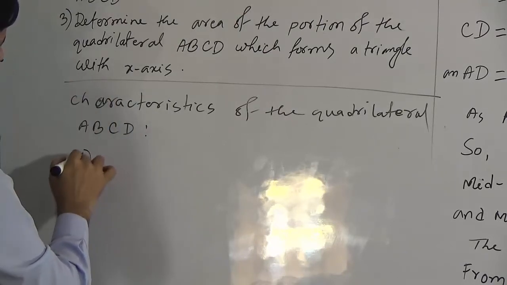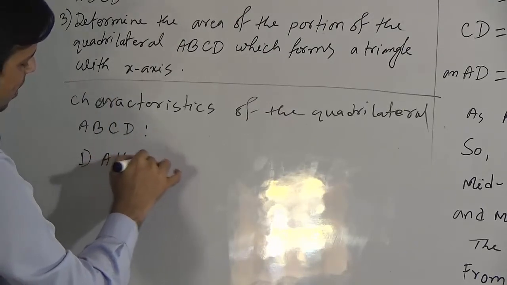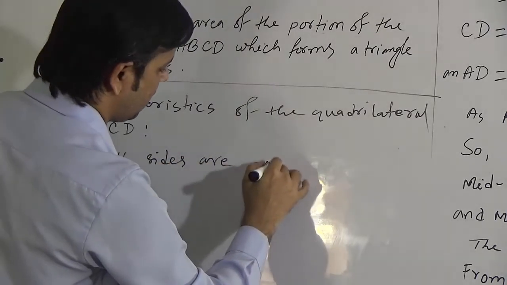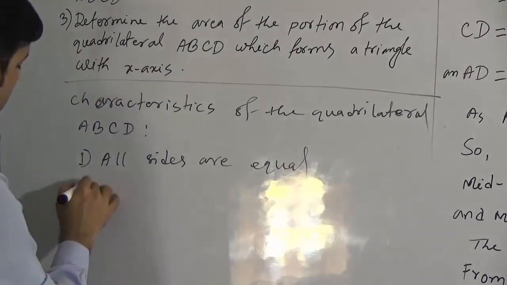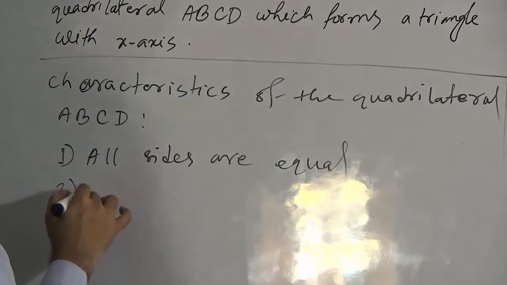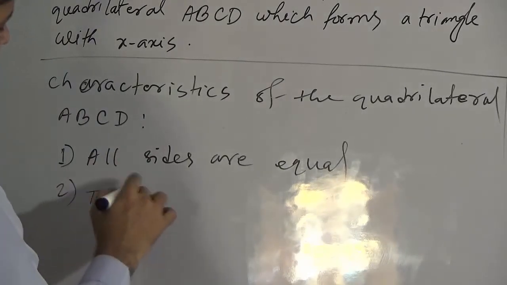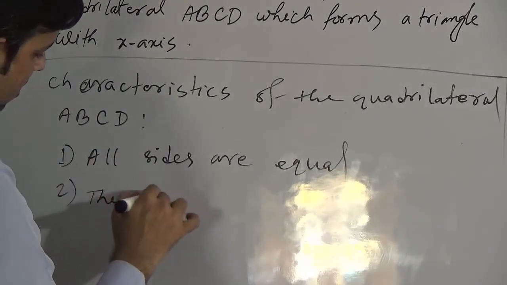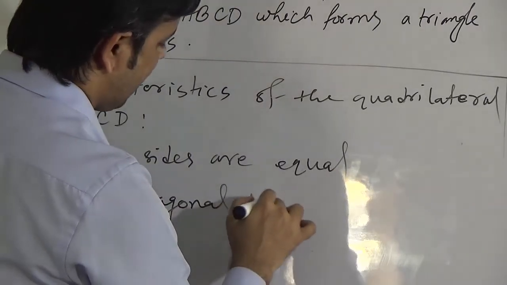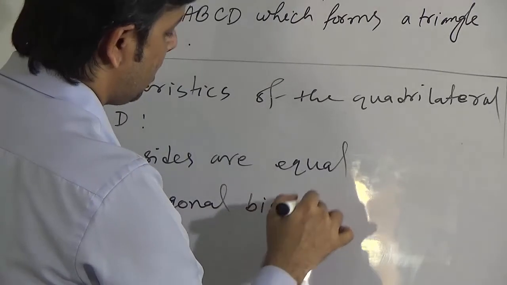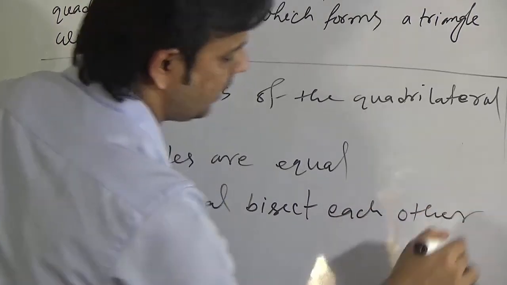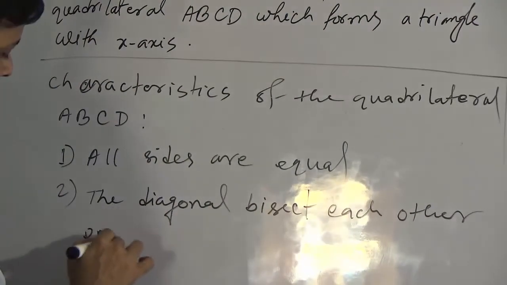First one, all sides are equal. Here we can say the diagonals bisect each other perpendicularly.